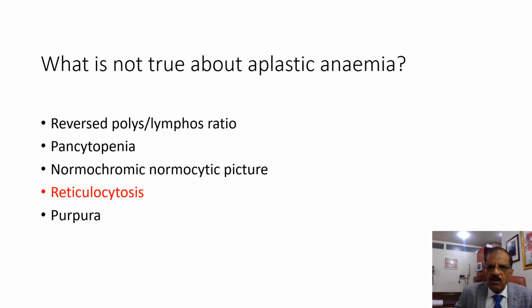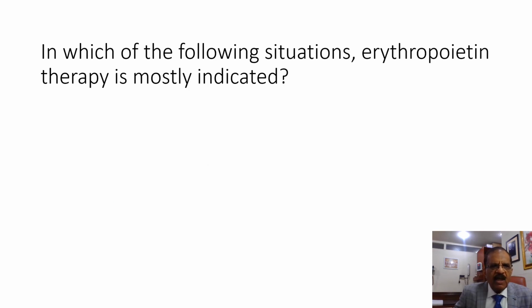So far so good. In which of the following situations is erythropoietin therapy mostly indicated? Now, mostly indicated means there are other conditions also where erythropoietin may be indicated, but I just want the one where it is a standard of care. Every patient with that condition should receive erythropoietin.